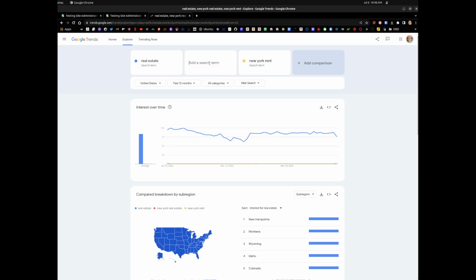Sometimes you have the idea that maybe real estate agent has a higher, let's say, ranking factor in the keywords for your specific site. And then Trends will literally tell you, let me just remove this one, will literally tell you if that's something for real or you're assuming that and it's a mistake.